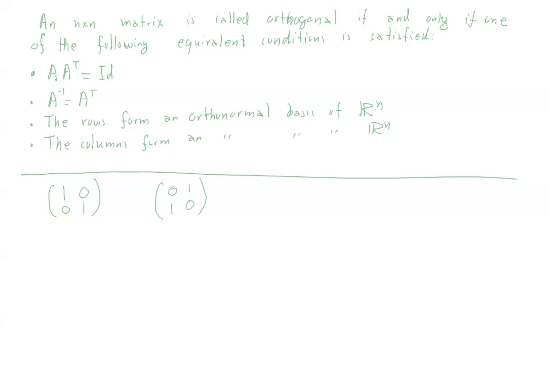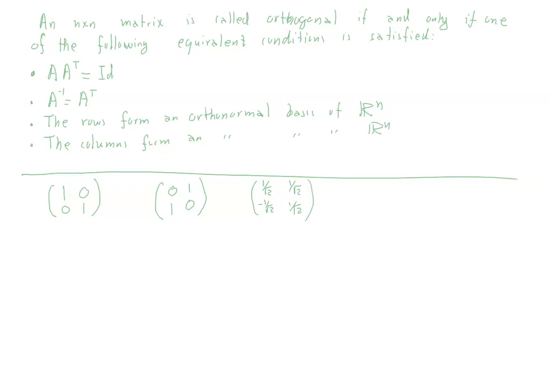So these two matrices are orthogonal. And then I can write down my favorite basis, which is 1 over square root of 2, negative 1 over square root of 2, and 1 over square root of 2, 1 over square root of 2. So these are orthonormal. All of these are examples of orthogonal matrices.